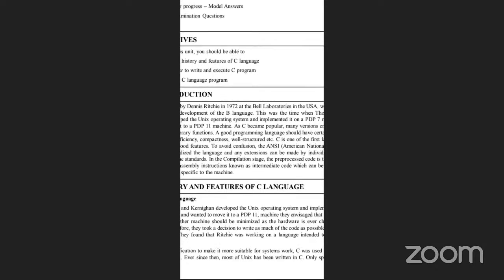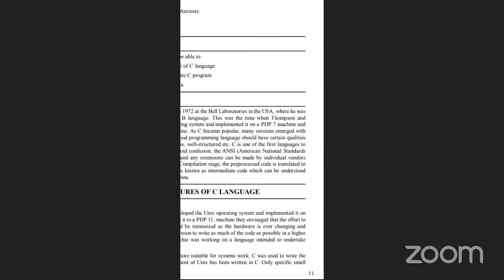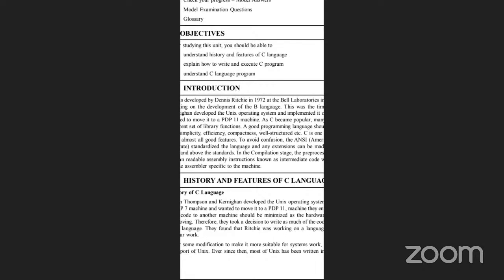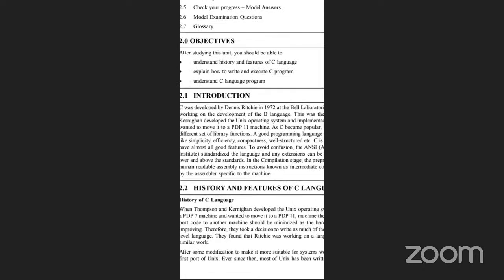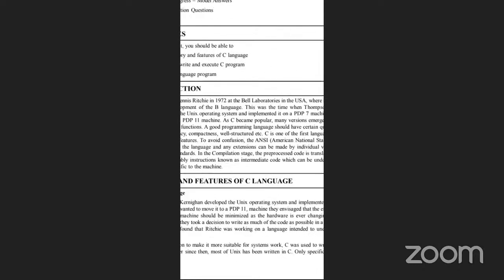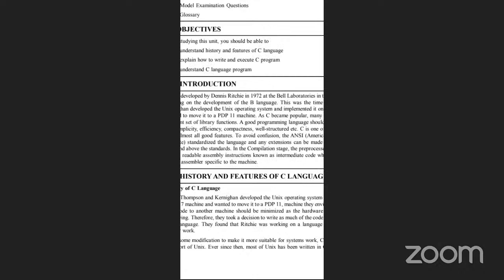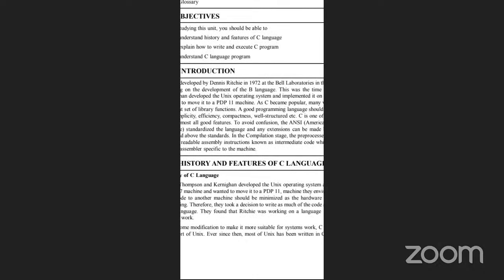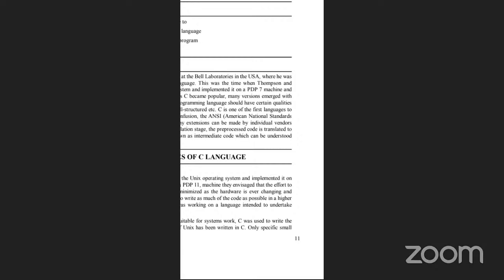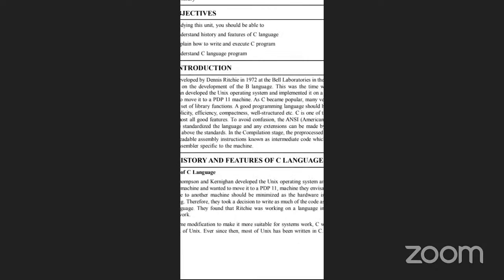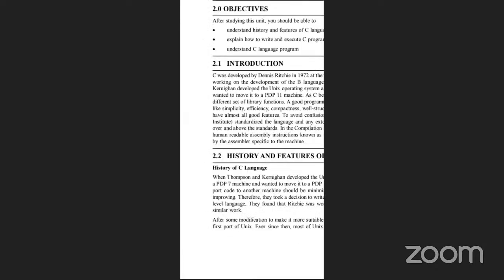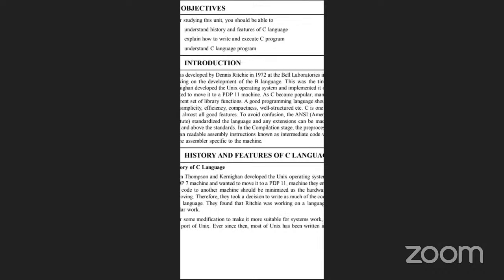To avoid confusion, the American National Standards Institute standardized the language, and any extensions can be made by individual vendors. Human readable assembly instructions known as intermediate code, which can be understood by the assembler specific to the machine.